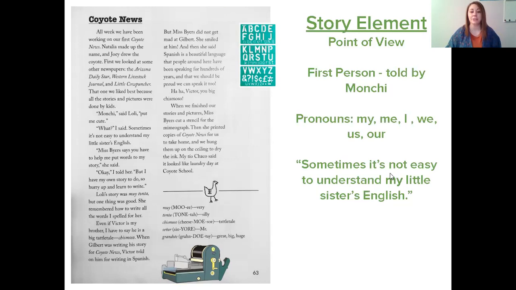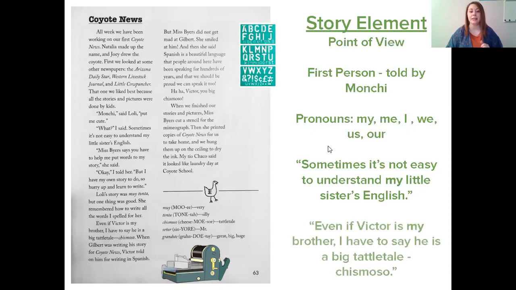So I can see right here that this pronoun my is referring to Manchi, okay, is his little sister, Manchi's little sister. And another example, even if Victor is my brother, I have to say he is a big tattletale, chismoso, okay. So again, Manchi is referring to himself as my brother and I.